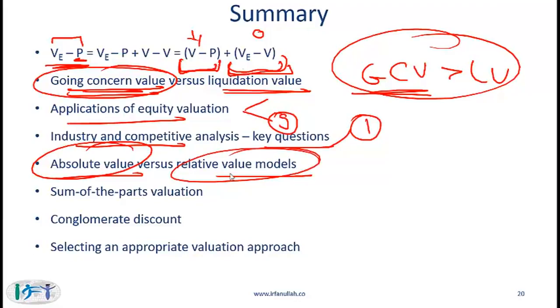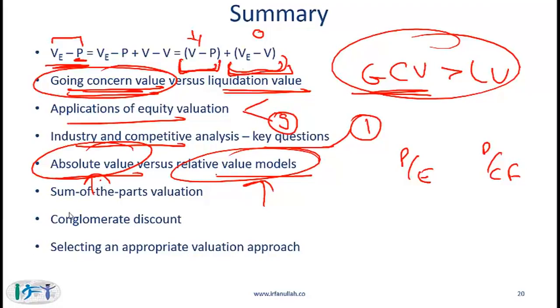In relative value models, you come up with the value of a company based on the value of other comparable companies. And here you would use ratios such as PE, price to cash flow, or enterprise value to EBITDA. So there are several methods within each of these categories, and we'll spend a lot of time on them in later readings.